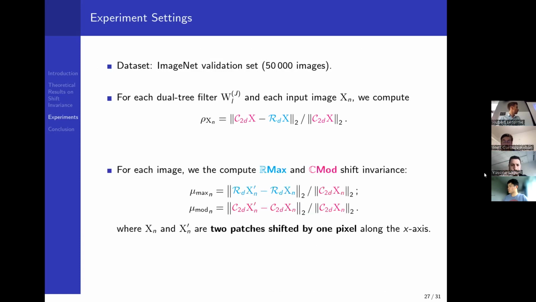And in addition, we also computed the shift invariance of both operators by considering 2 patches of each input image shifted by 1 pixel along the x-axis. So we consider only a 1 pixel shift and then compute the discrepancy between the two outputs.